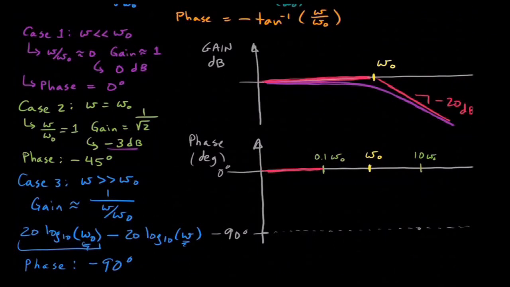And I'm going to be at negative 90 when I get to go from 10 omega naught and higher. So I'll go ahead and draw those 2 horizontal lines in there, and then I will just connect them. Okay, again, that's my straight line approximation. And I'm also going to see that I should go through, at omega naught, negative 45 degrees.